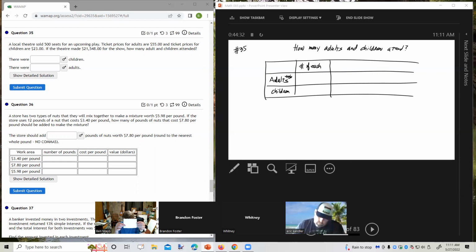Let's say this represents 500 seats, so this whole thing is 500, right? Let's call the number of adult tickets X. So if I had 500 tickets and part of it was the adults, this part of it is X, what do I have left? Well, isn't this 500 take away X?